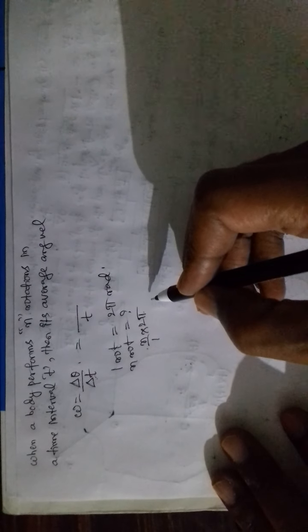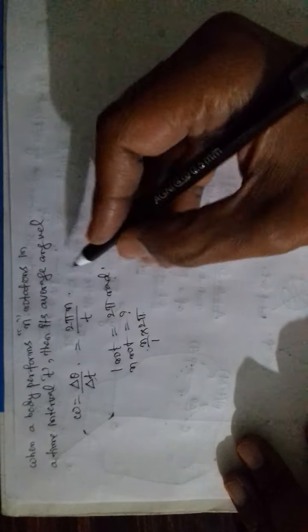N by 1 into 2 pi, so 2 pi n. One rotation gives an angular displacement of 2 pi radians or 360 degrees.